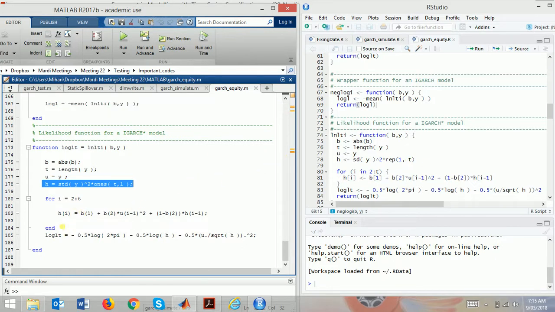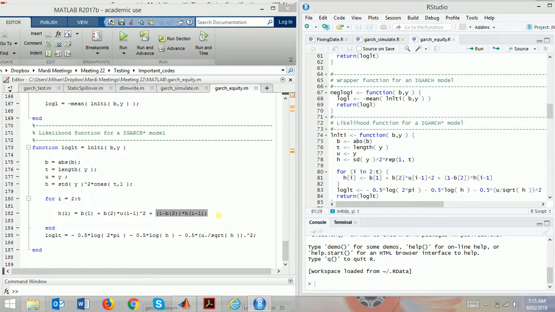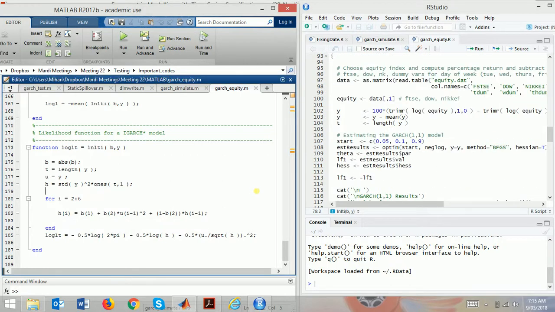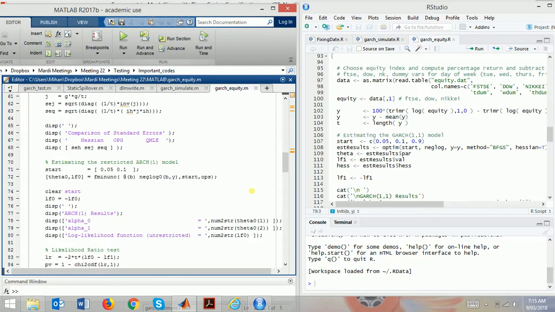So in 2 to t, up to this is fine, and then instead of beta 1, we do 1 minus beta 2, h minus 1. That's all we needed to know. Everything else remains the same. We plug the iGARCH into our regular log likelihood function, u divided by the square root of h squared. So this is the model.